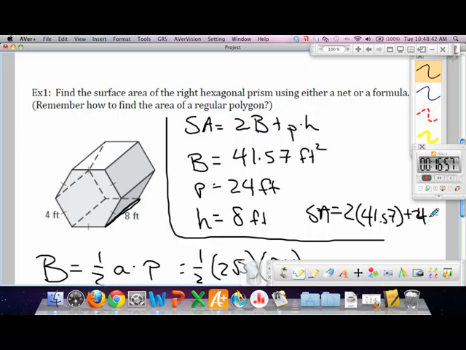Is it 275? Oh, yeah. Ends up being approximately 275 square feet.